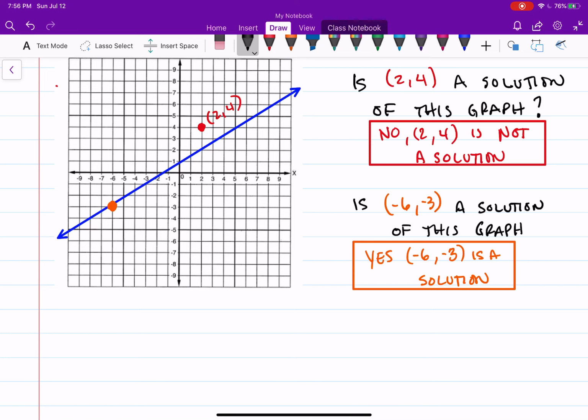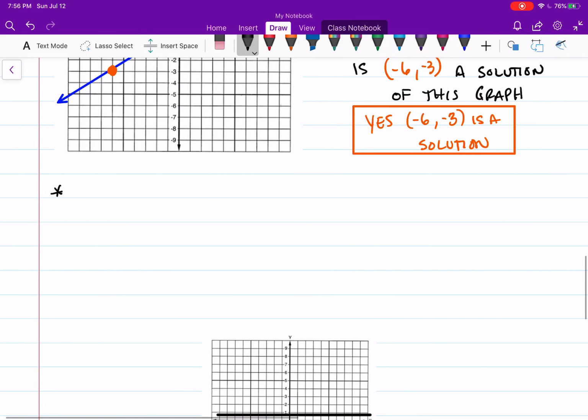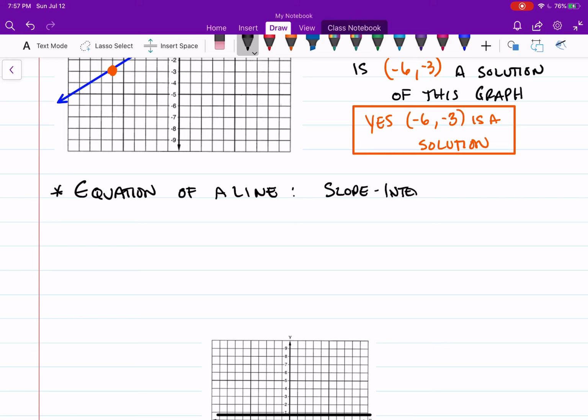All right. Now, the other part that they want you to know is about equations of a line. And I want to teach you specifically one of them, which is called slope intercept form. Okay? So what's the slope intercept form? It's y is equal to mx plus b.